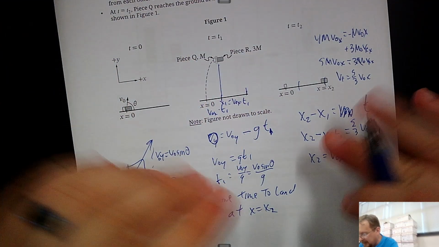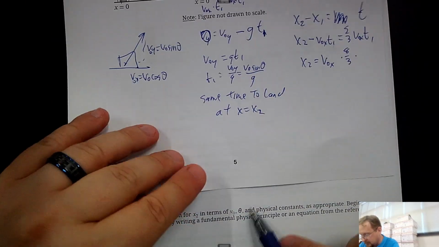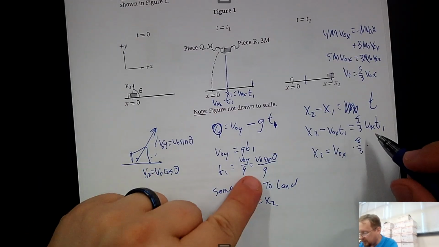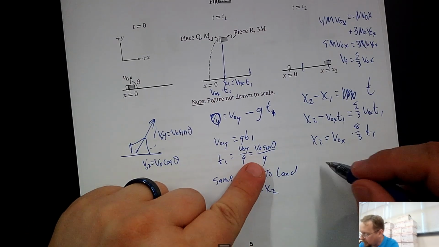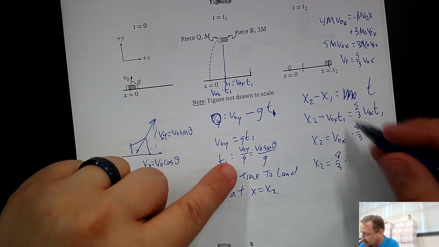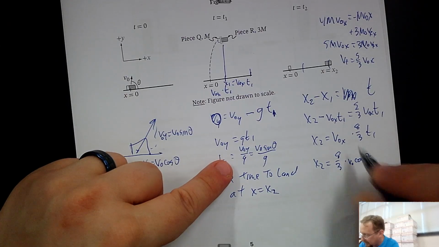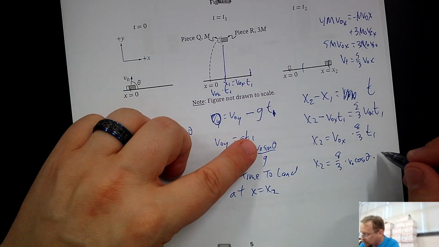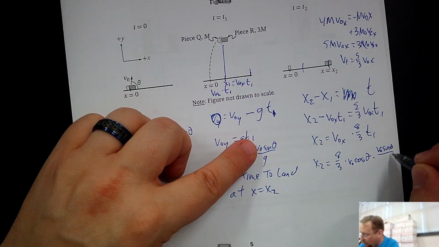What am I allowed to have in my final answer here? Oh, times t1. Okay, well, this is t1, V0 sine theta over g. Okay, so here we go. So x2 is going to be 8/3 times V0 x, oh, that's V naught cosine theta, okay, times T1, which is V naught sine theta over g.